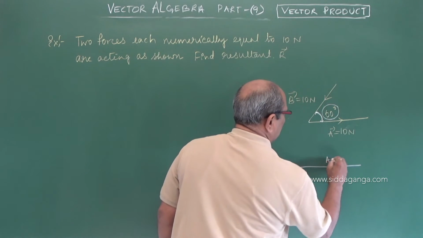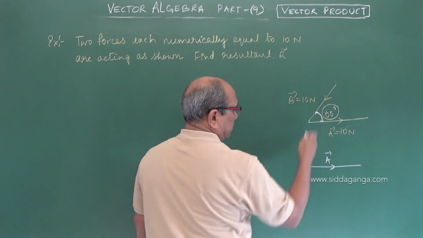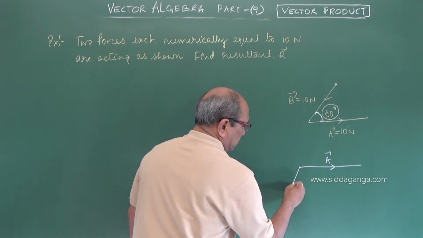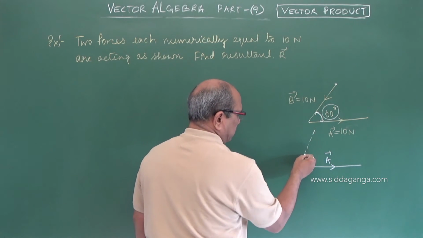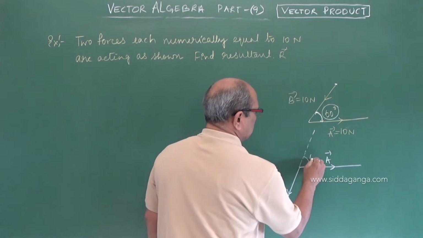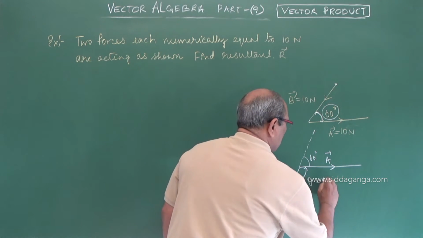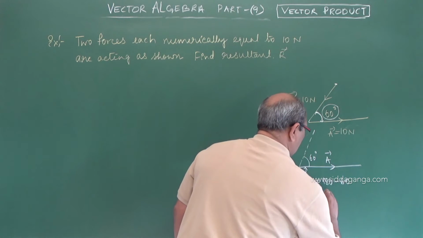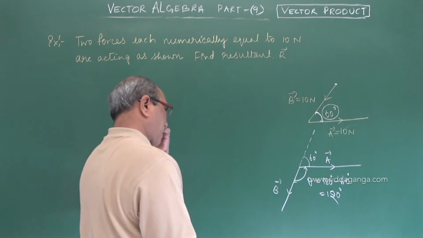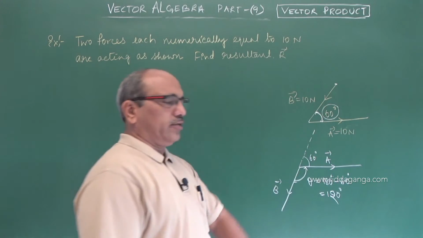If the vector A and B are joined tail to tail, then the actual angle theta between the two becomes 180 minus 60, equal to 120 degrees. So your angle between the two vectors is not 60, it is 120.